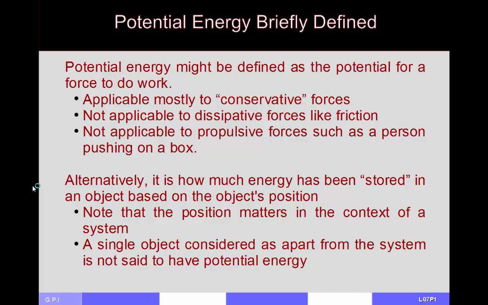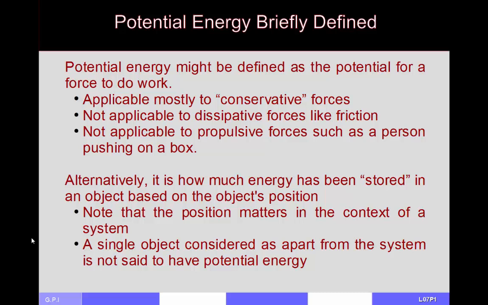So you could think then of potential energy as being how much energy has been stored in an object based on the position of the object. So this position, in order to really define a position, again, recall that you need to have some coordinate system.